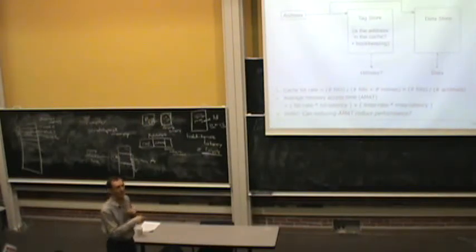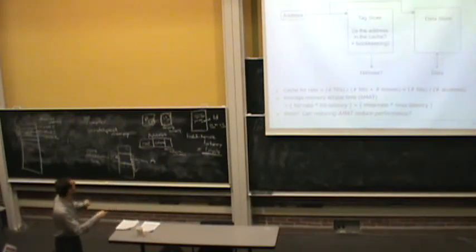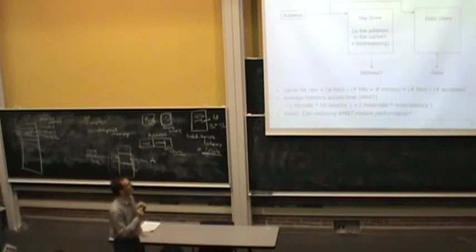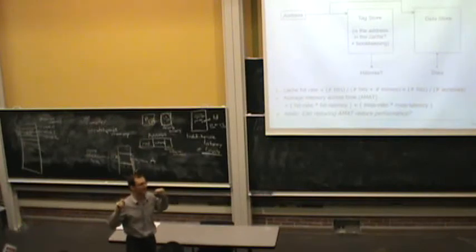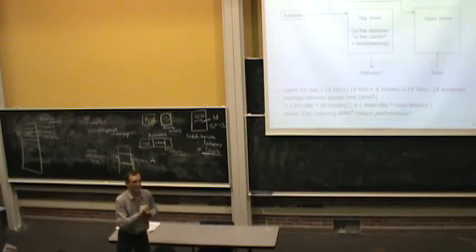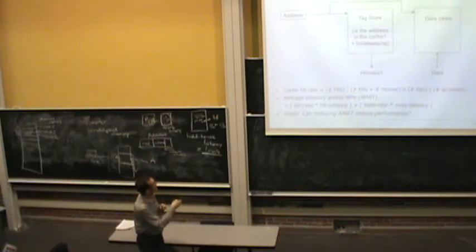It also does some other bookkeeping, as we will see soon, to aid the replacement policy, keeping information about the blocks so that when we evict something we can decide what to replace. The data store essentially stores the cache blocks. In a sense, most of the intelligence is in the tag store, because it tells you whether the address is in the cache and keeps track of bookkeeping. And you have control logic somewhere here.